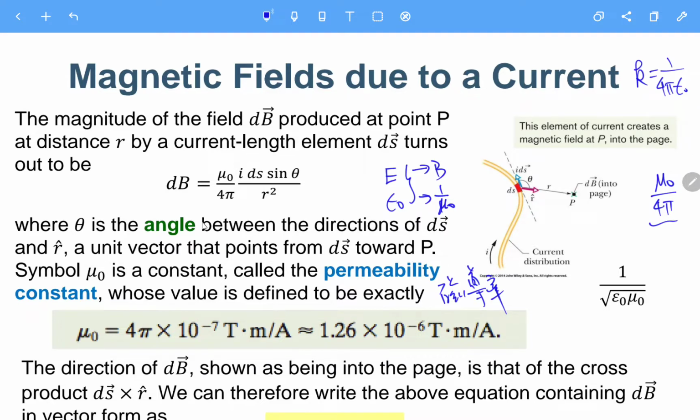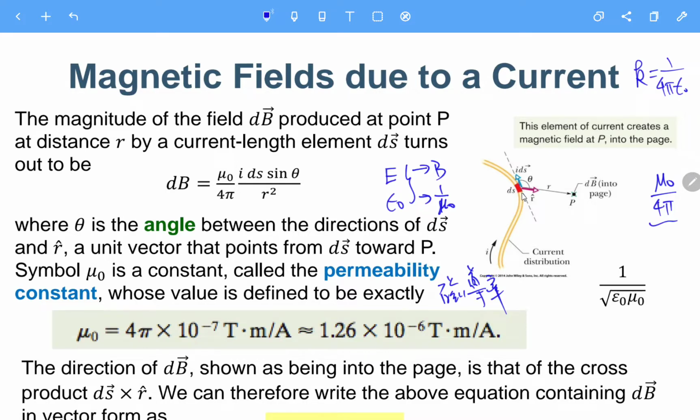That's why I said this number is easy to remember, because we have 4 pi here, which cancels with this 4 pi. So this whole term becomes 10 to the minus 7. And then the remaining terms will be I ds sine theta, and theta is the angle between the direction of ds and the line from ds to the point P. Point P is the point where we are concerned with dB.